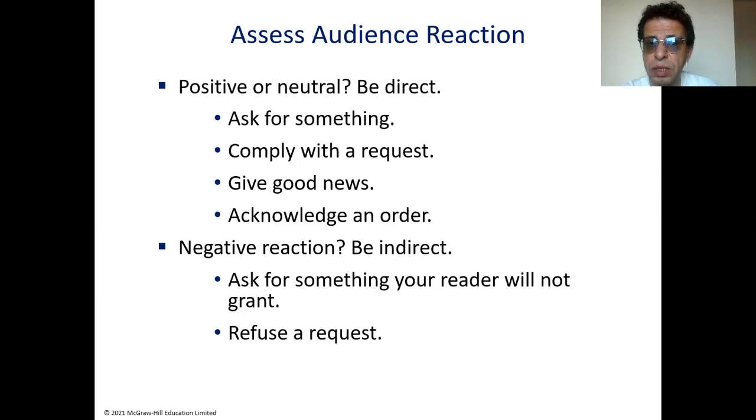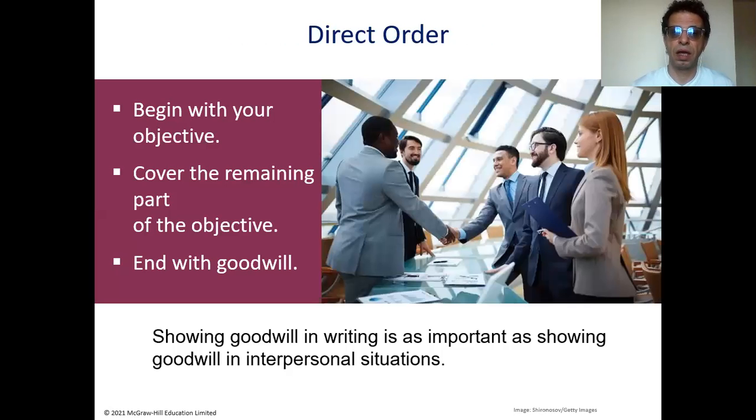You can be direct when you ask for something, or when you want to comply with a request, give good news probably, and once again, acknowledge an order. But you should be indirect when the reader would not grant you that thing, or they decline your request, for example.